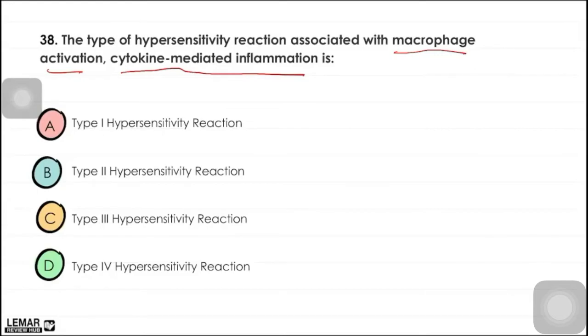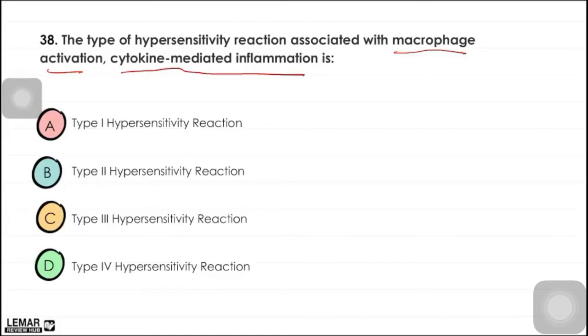Type 4 hypersensitivity reaction, the cell-mediated or T-cell dependent hypersensitivity reaction. Again, type 4 cell-mediated hypersensitivity reaction is associated with macrophage activation. Type 4 is characterized by direct target cell lysis and cytokine-mediated inflammation.